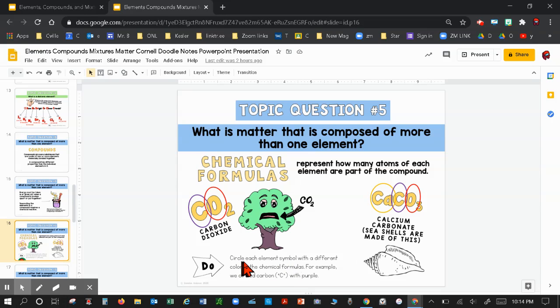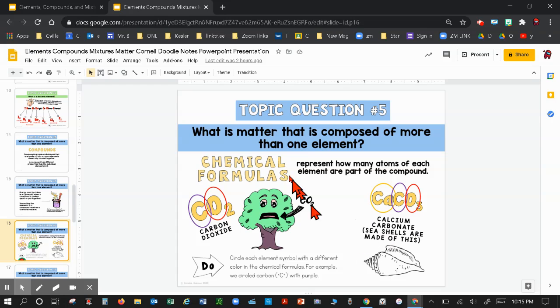And what I want you to do is circle each element symbol with a different color in the chemical formula. So for example, we circled carbon with purple up here and oxygen with red. That makes up carbon dioxide. Over here, we circled calcium, carbon, and oxygen with three different colors.